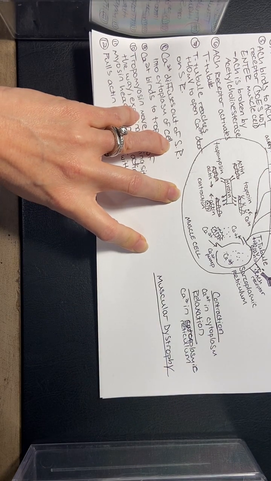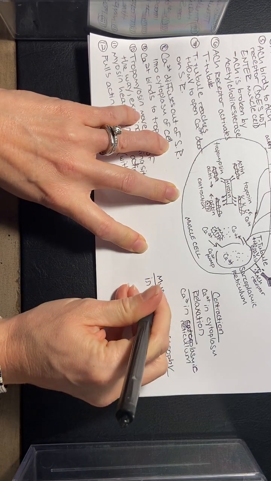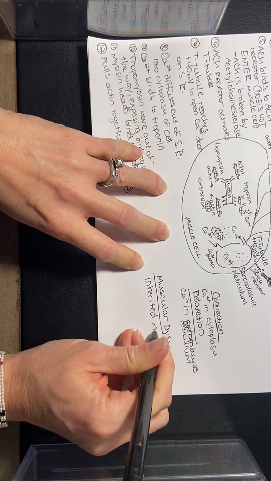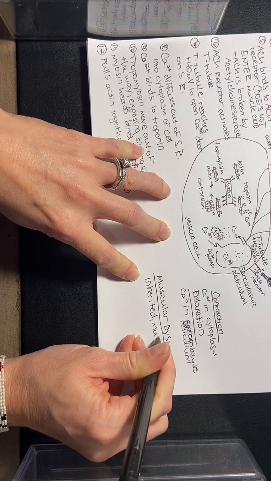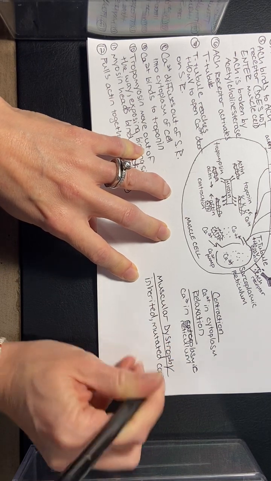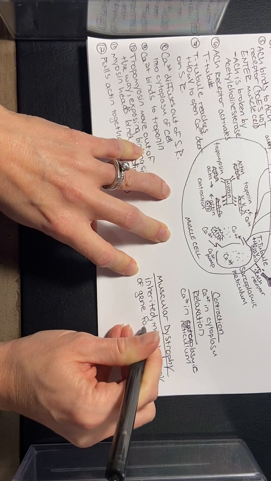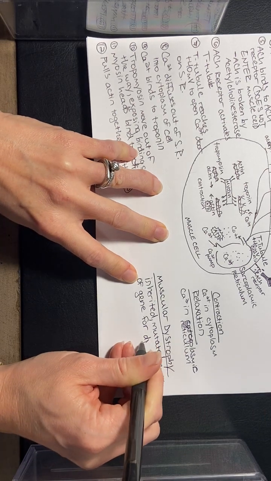Muscular dystrophy is an inherited disease. It is a mutated copy of the gene for a protein called dystrophin.